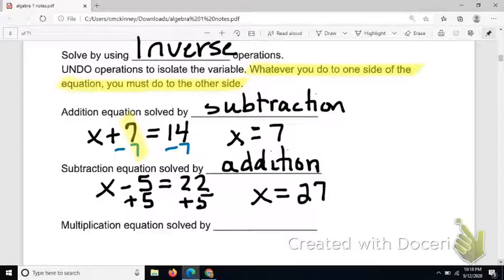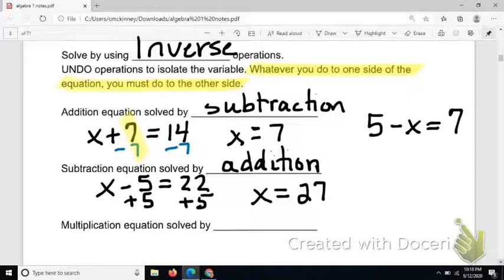Now, please know that there are going to be times you might see an equation that looks like this. We're going to have equations, for instance, that maybe say 5 minus x is equal to 7.